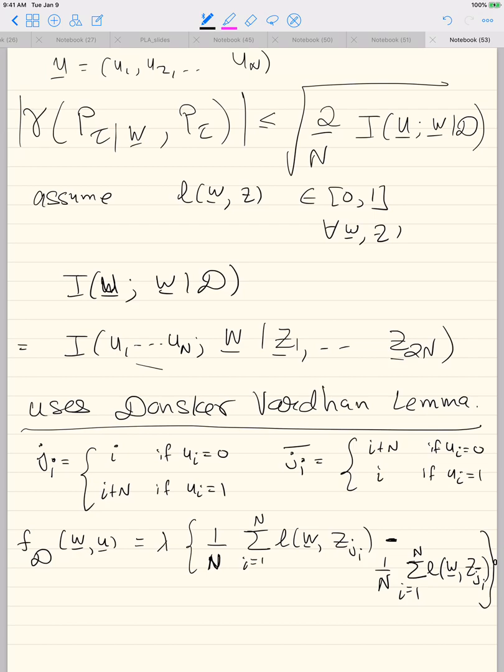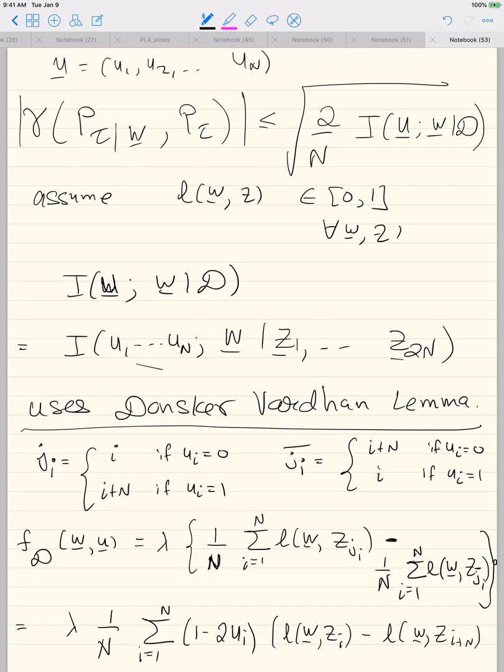Okay. Note that I can also write this as lambda times 1 over n, summation of i going from 1 to n, 1 minus 2u_i times L of w and z_i, the J_i now, minus L of w and z_{i+n}.